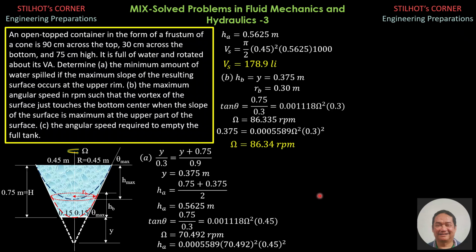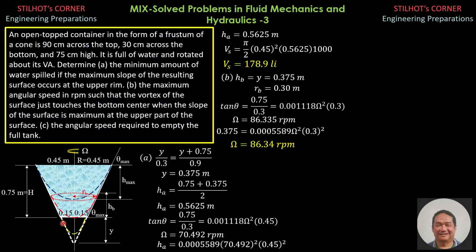Then lastly, the angular speed required to empty the full tank, and the tank will be emptied if the surface will be tangent to the bottom part, and the parabolic surface imaginary would be outside the tank as shown.